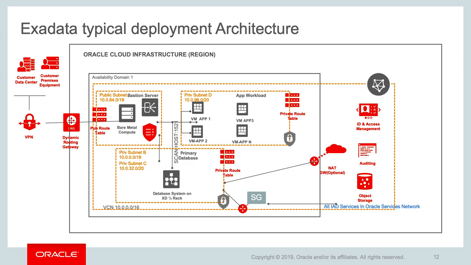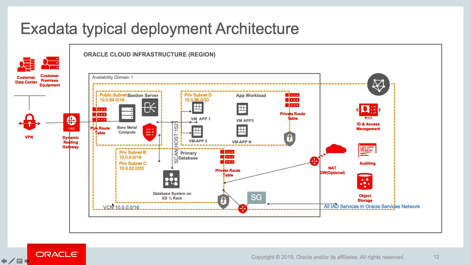Now let's talk about a typical Exadata Cloud Service deployment architecture. In the diagram, I'm assuming a customer wants to use Exadata Cloud Service along with certain application workload. To start with the architecture, you are going to deploy the resources in a region of Oracle Cloud Infrastructure.